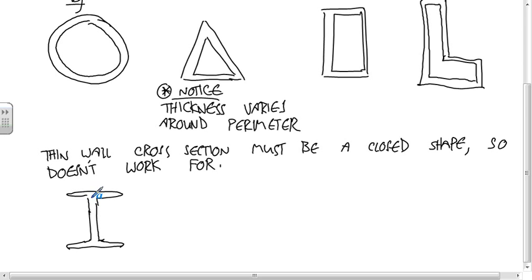That's not a closed shape, so we can't do it. It also wouldn't work for something like this, because you have that break there. So we can't do either of these.